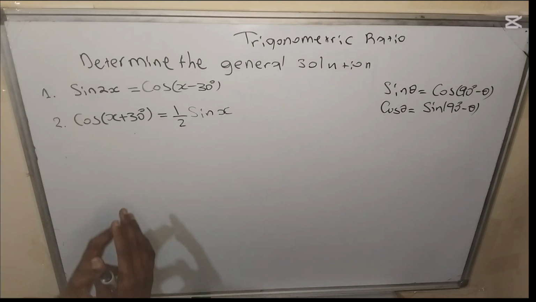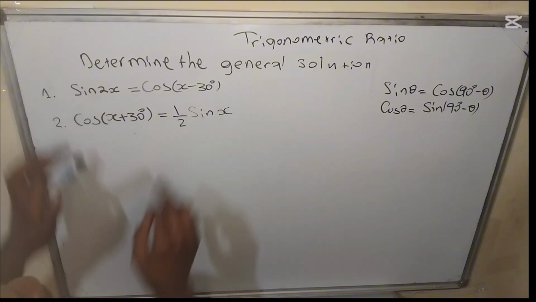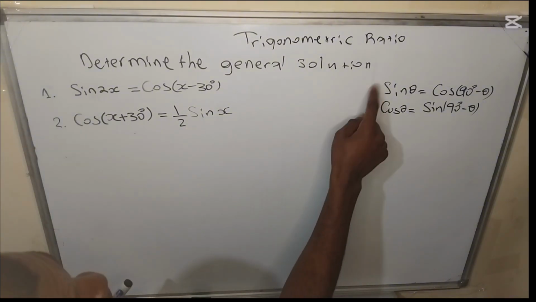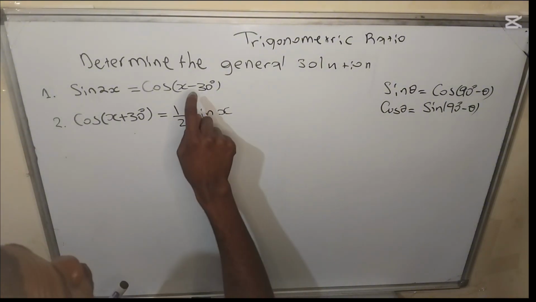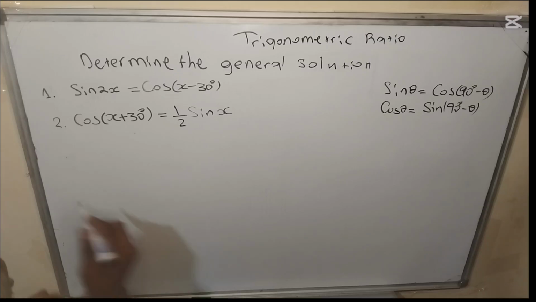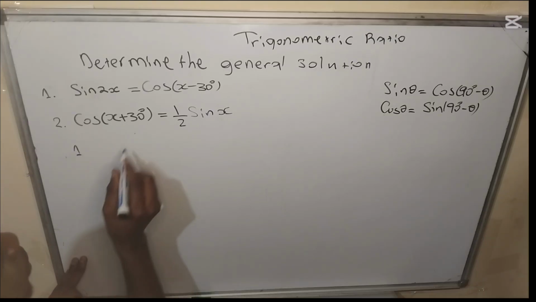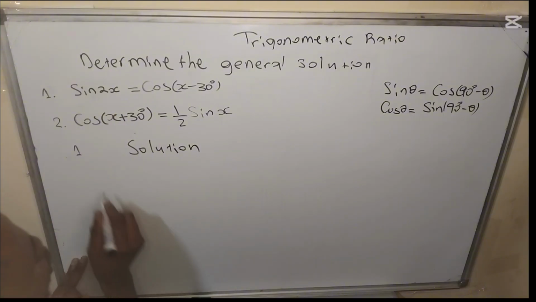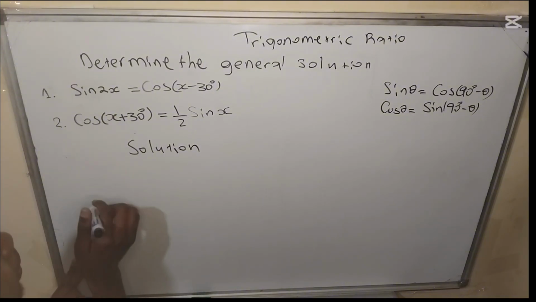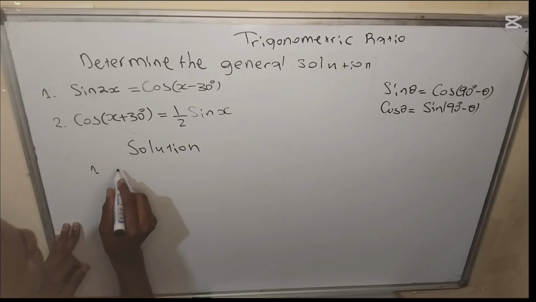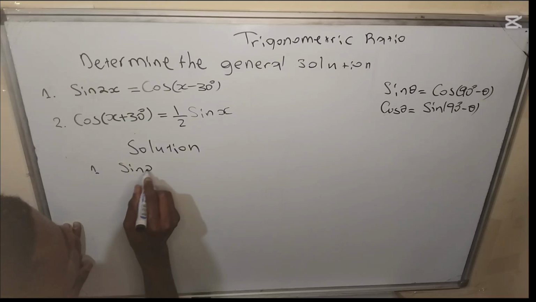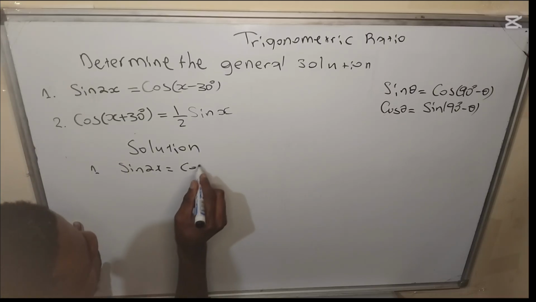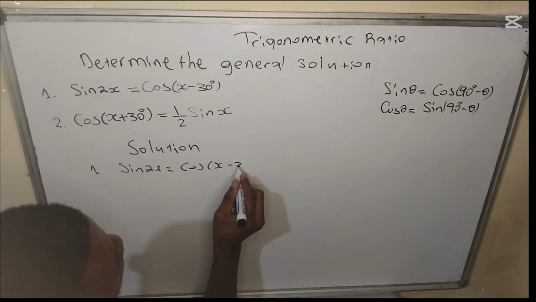Now we're going to apply these co-ratios on our first equation. So let me say solution. We have our number 1, which is sine 2x equal to cos (x minus 30 degrees).